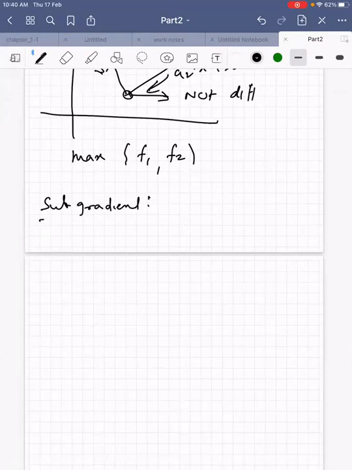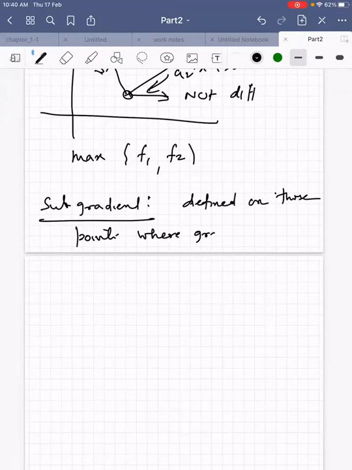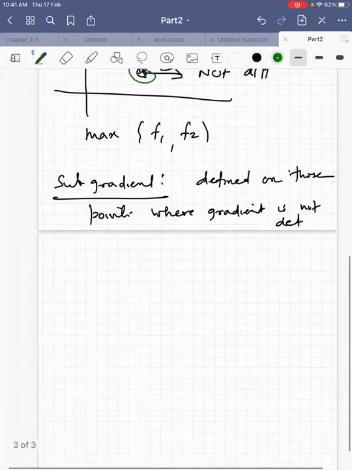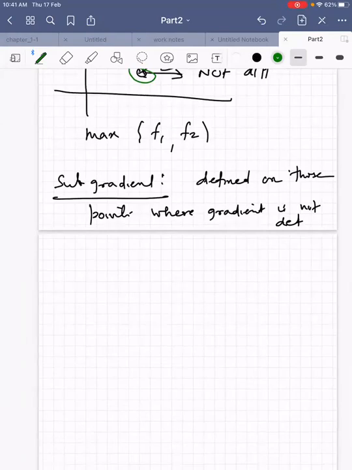Subgradient is defined on those points where a gradient is not defined, for example at this point. That is the basic idea of subgradient. And how does it come along? It says the following.